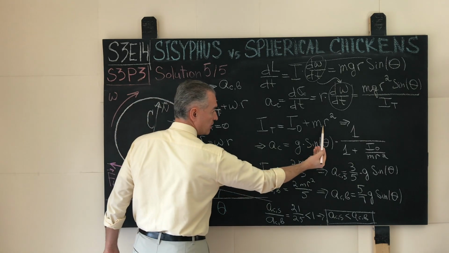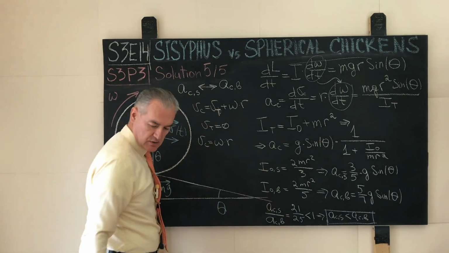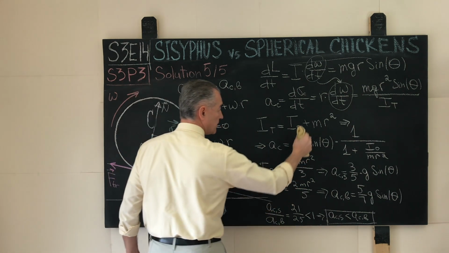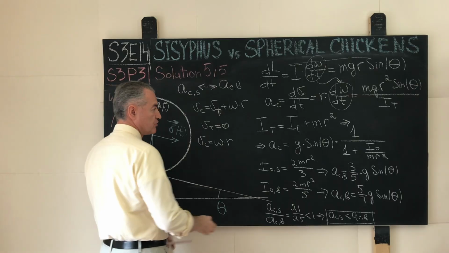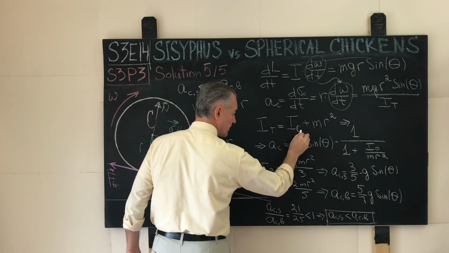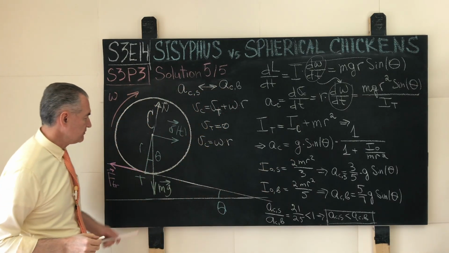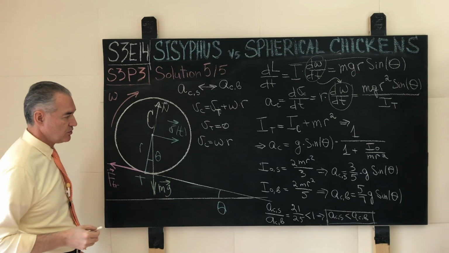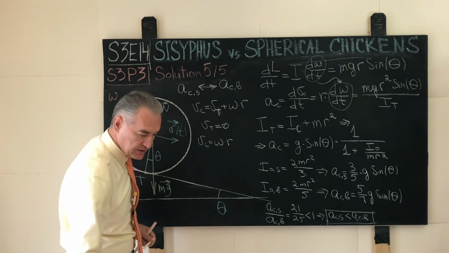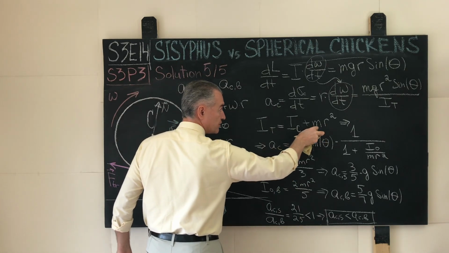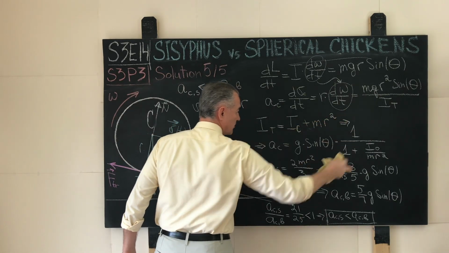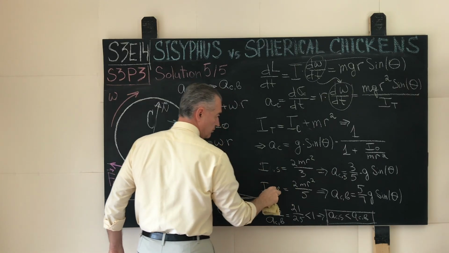So this is mr squared, and here, I'm sorry, this is the point C, the moment of inertia with respect to the center of mass C. It's better to call it C. Maybe some people want to call it O, it doesn't matter. But here we have this equation right here. Once we put this equation into the denominator, what will happen?